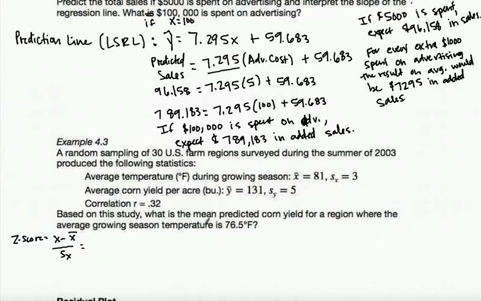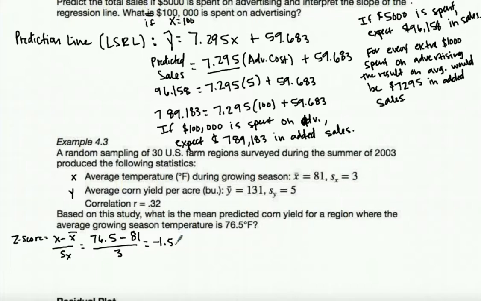Our x for this problem is 76.5, our x bar is 81, and our standard deviation of x is 3. If you do that, you're going to get negative 1.5. This means that 76.5 degrees Fahrenheit is 1.5 standard deviations below the average temperature reported in the study.